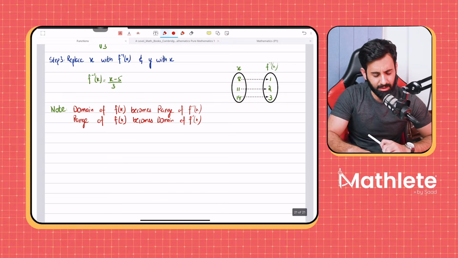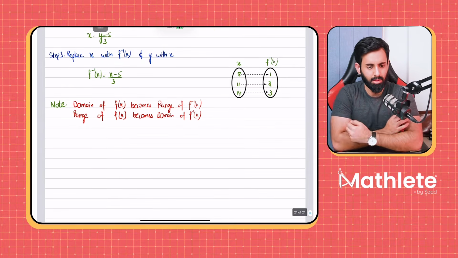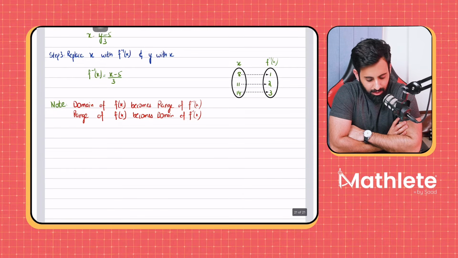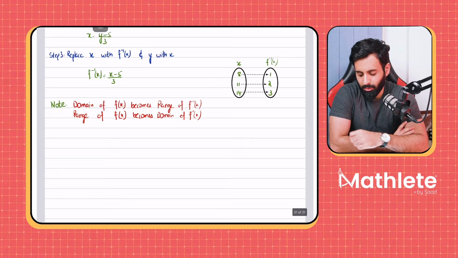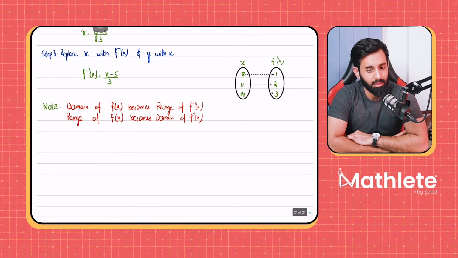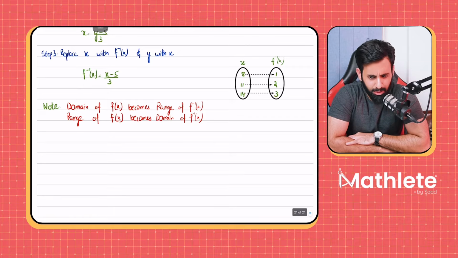Now, any idea why this has happened? Why all of a sudden the range has become the domain of the inverse function and the domain has become the range? Think about it, put some thought into it. There's no rocket science.